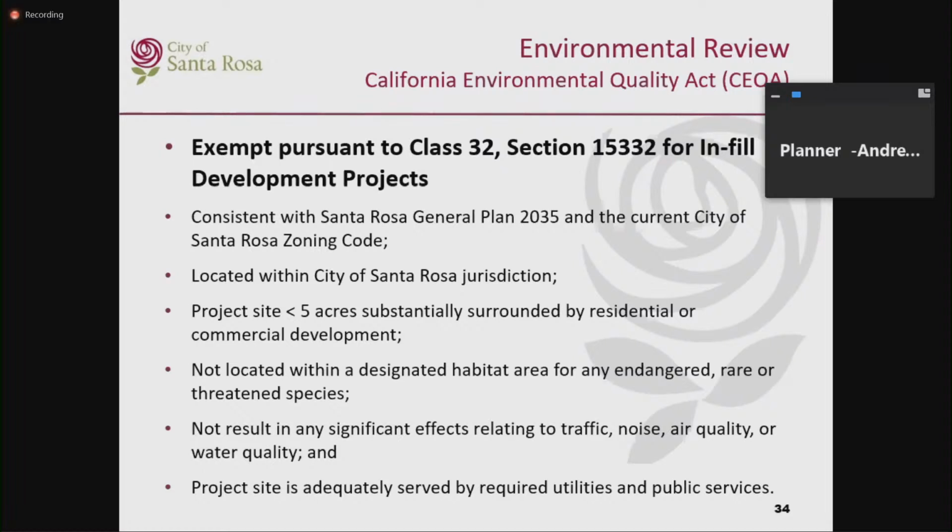The project site is less than 5 acres and is substantially surrounded by development. It's not located within a designated habitat area for any endangered, rare, or threatened species. It would not result in any significant effects related to traffic, noise, air quality, or water quality, and the project site is adequately served by required utilities and public services. Next slide, please.